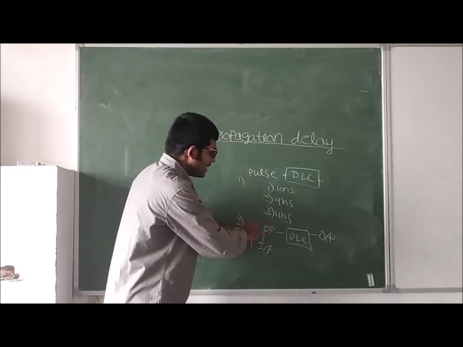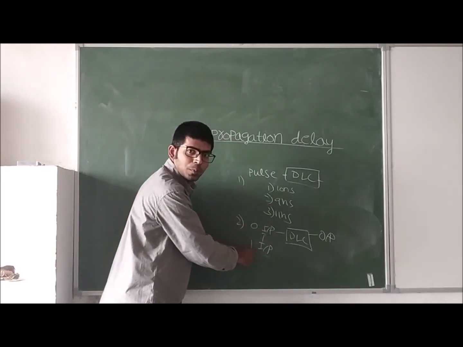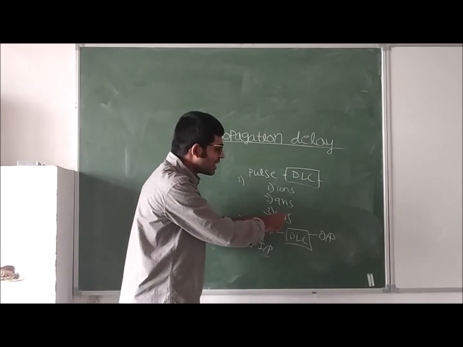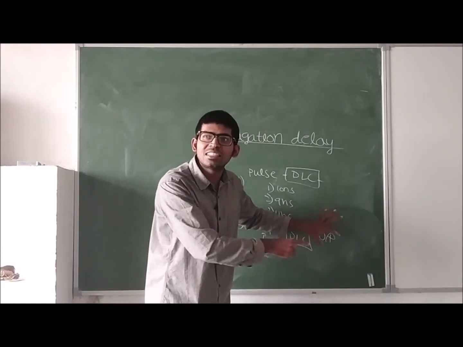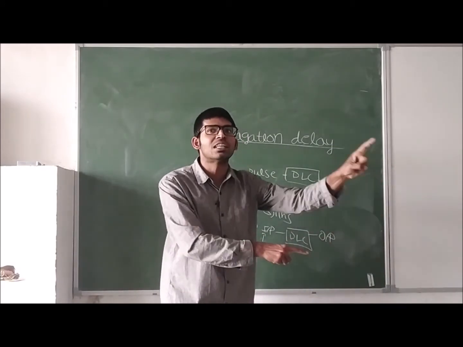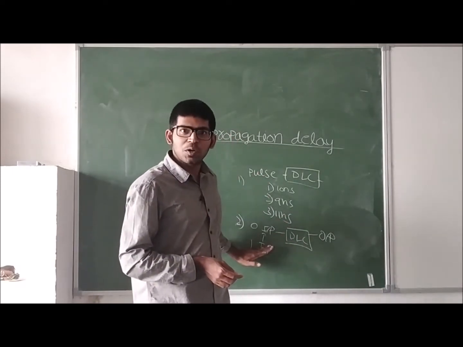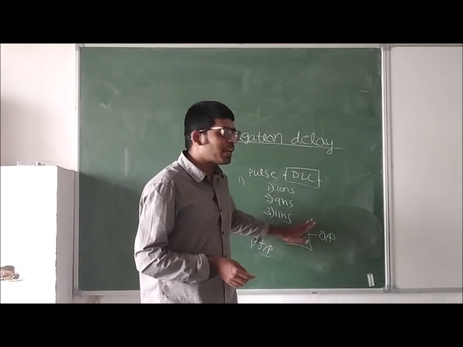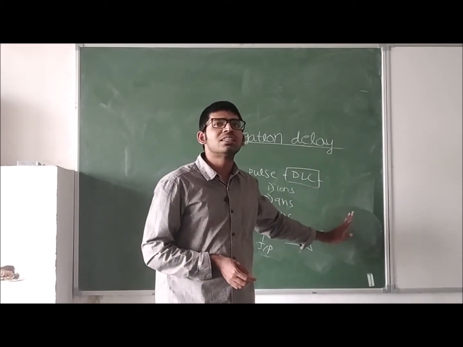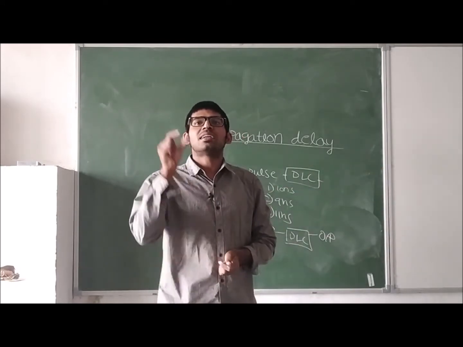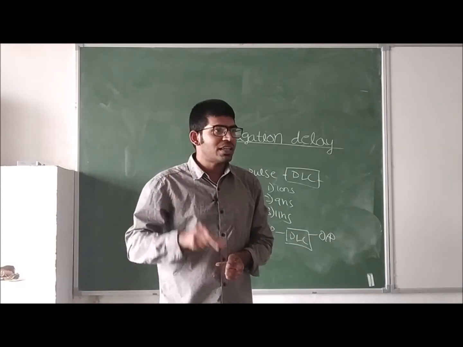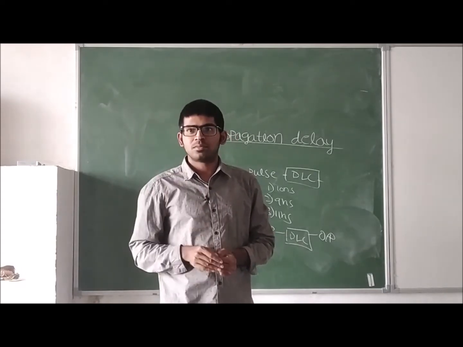So when we change the input, what is the time taken by this digital logic circuit to change the output? We have already changed the input, but what is the time taken by the digital logic circuit to change the output? That time we call the propagation delay.